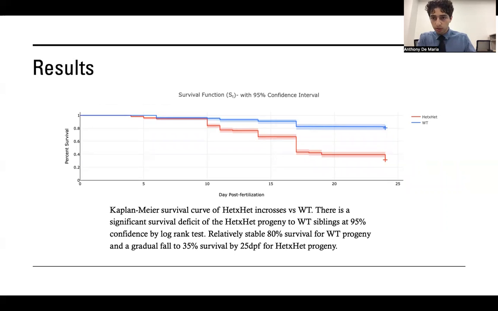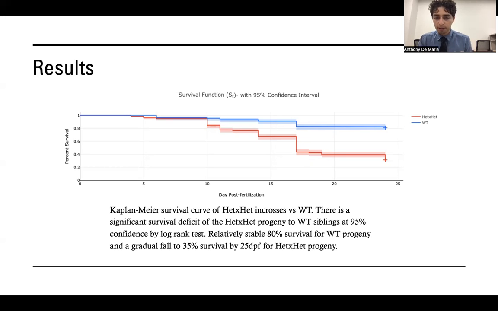Then we were also measuring the lethality that the mutation would cause in the progeny. Over a series of 24 days, I measured the survival of the heterozygous crossed progeny compared to the wild type progeny.